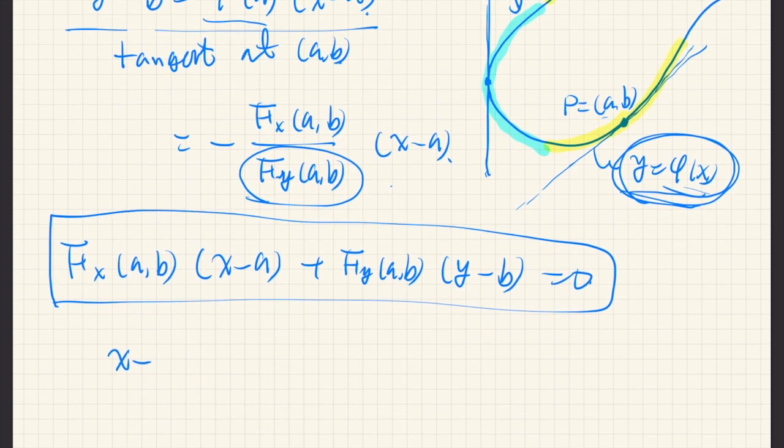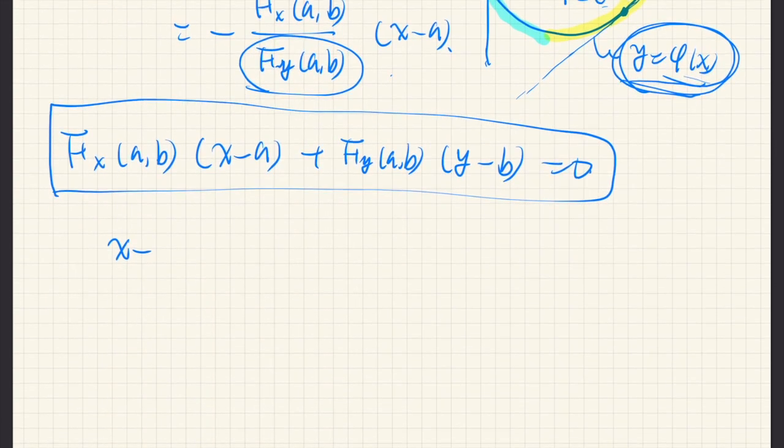In that case, the tangent line is given as this. But by the implicit function theorem, we have this.